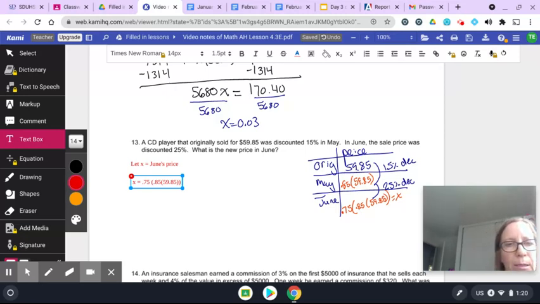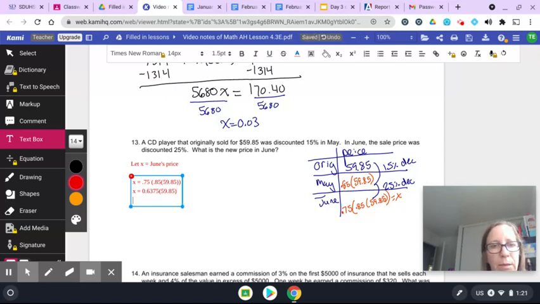I'm really paying 63.75% of $59.85. So then I multiply times $59.85.